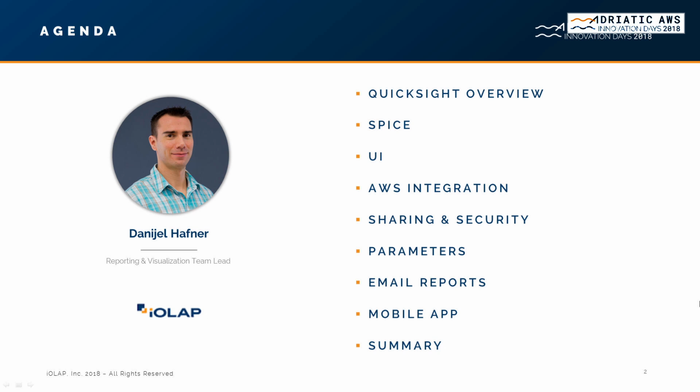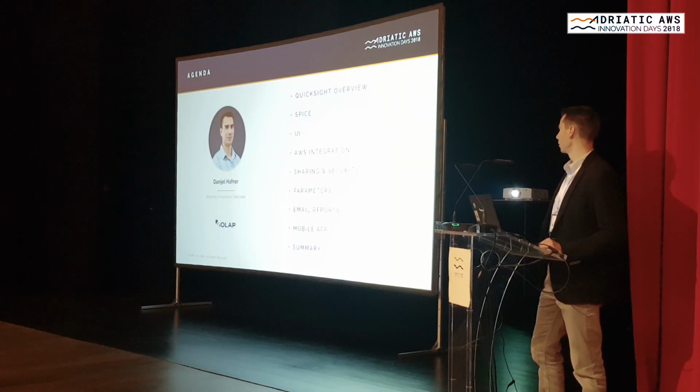After that, I will mention some sharing options and some security that is available in QuickSight. Next, I will mention some new features that are available from this year, that is working with parameters and sending email reports. Next, I will show you the mobile app, and finally, I will do a quick summary.